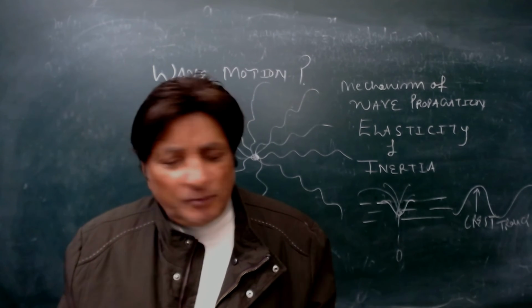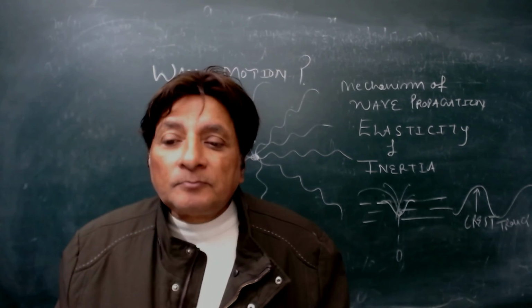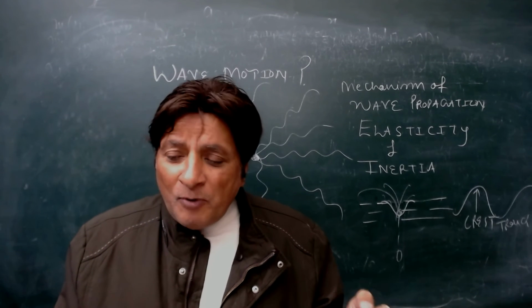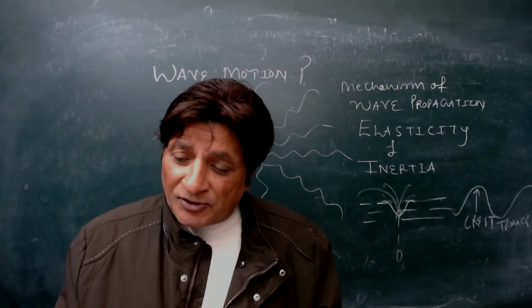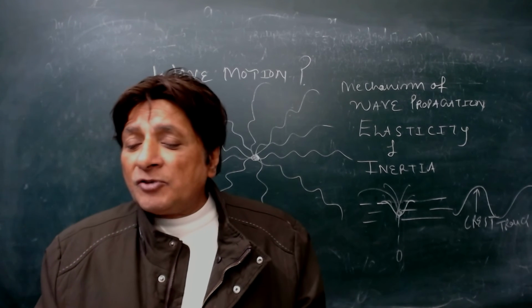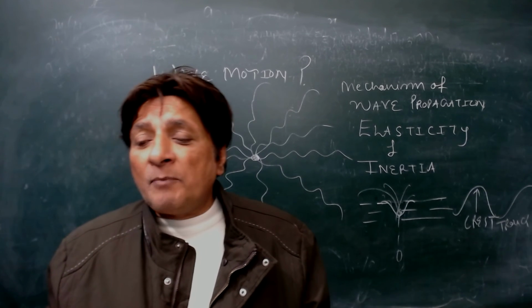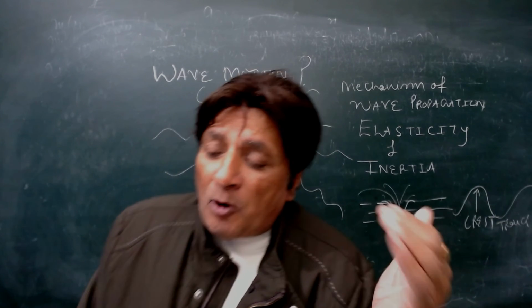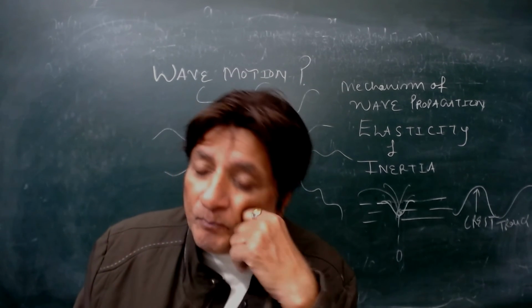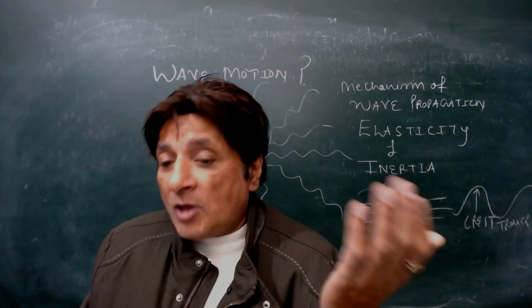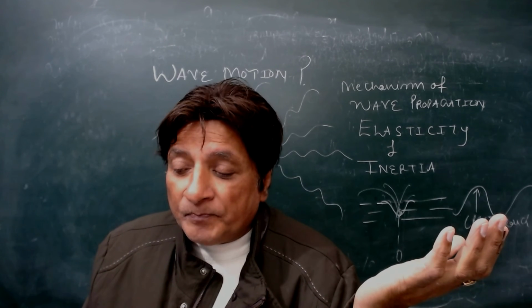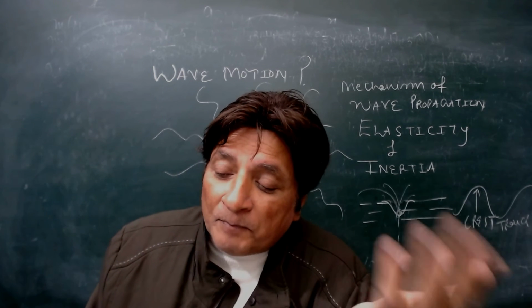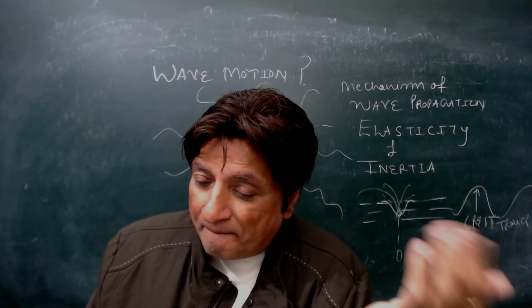I will not repeat because you can rewind and listen. So wave motion is a disturbance which travels through the medium due to the repeated periodic motion of the particles of the medium about their mean positions, the motion being transferred continuously from particle to particle.